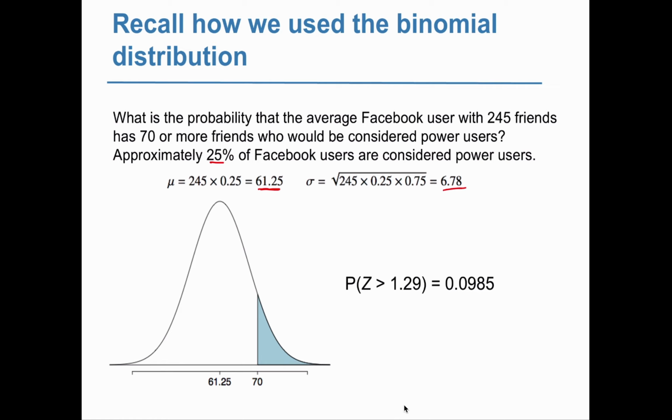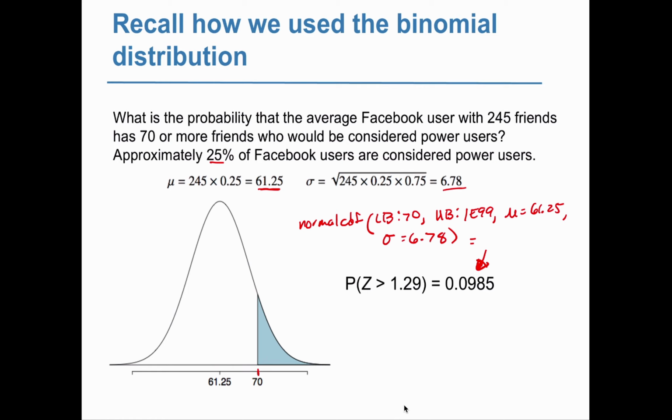Since np and n times 1 minus p are both at least 10, we could approximate this using the normal distribution. We could do normal CDF with a lower bound of 70, an upper bound of 1E99, a mean of 61.25, and a standard deviation of 6.78, and that should give us this.